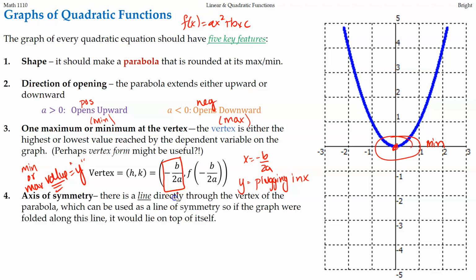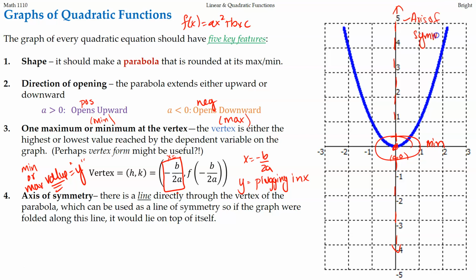The next thing we can notice is that this graph is symmetric. If we take a line of symmetry that goes directly through the vertex, this is called the axis of symmetry.